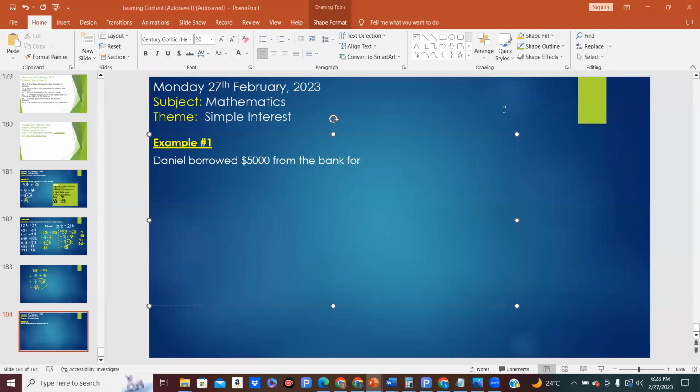Definitely write this down. For 2 years, at 9% simple interest per annum.